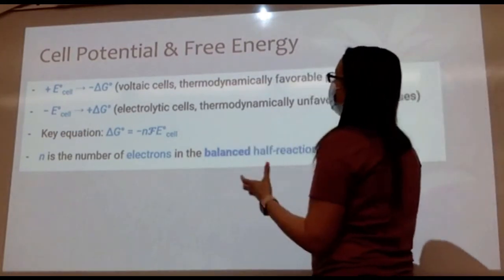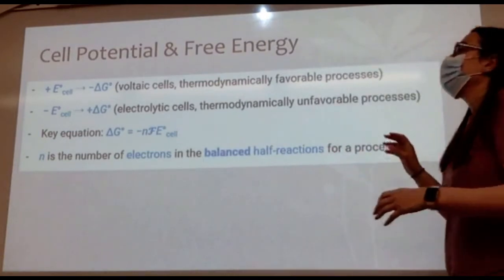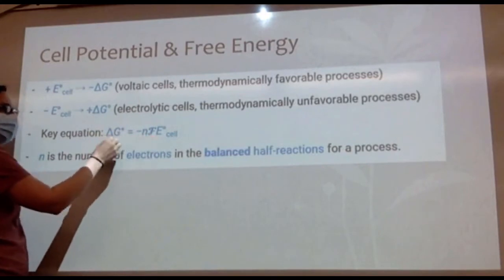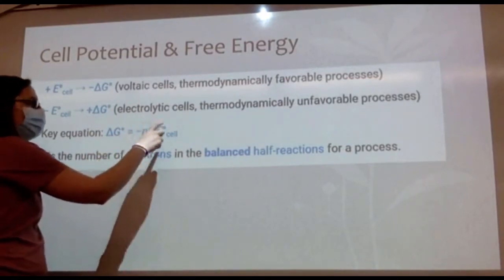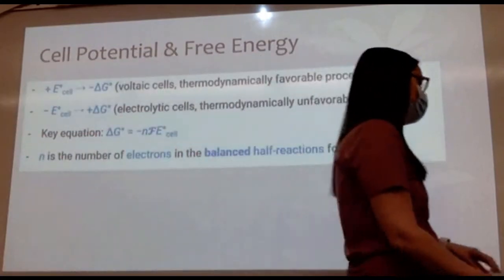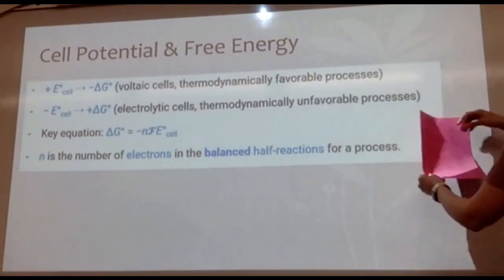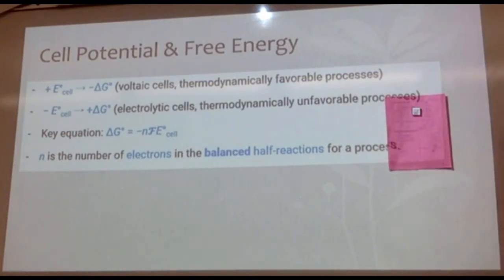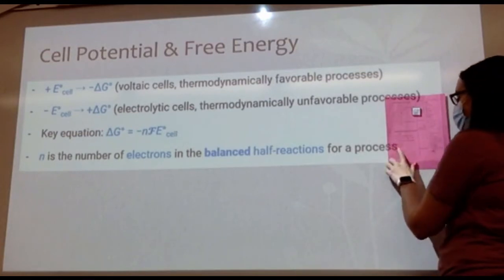So first, with cell potential and free energy, we look at this key equation. Delta G equals negative N times F times E naught cell. This is on your equation sheet, under thermodynamics and electrochemistry, on the back. When we had delta S, delta H, delta G, well, this is another delta G equation.